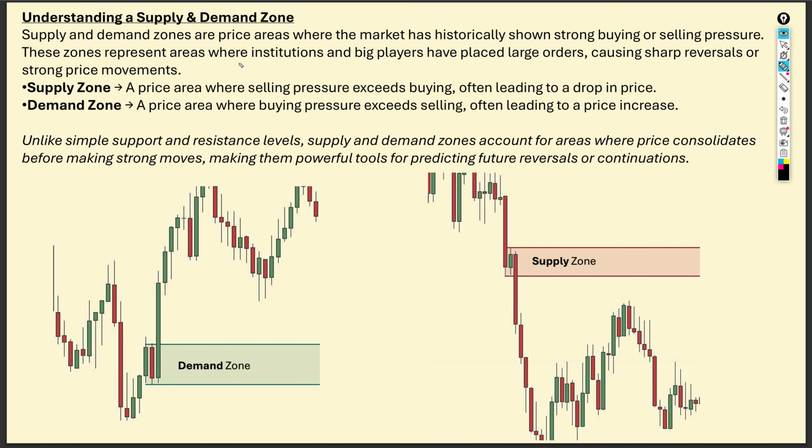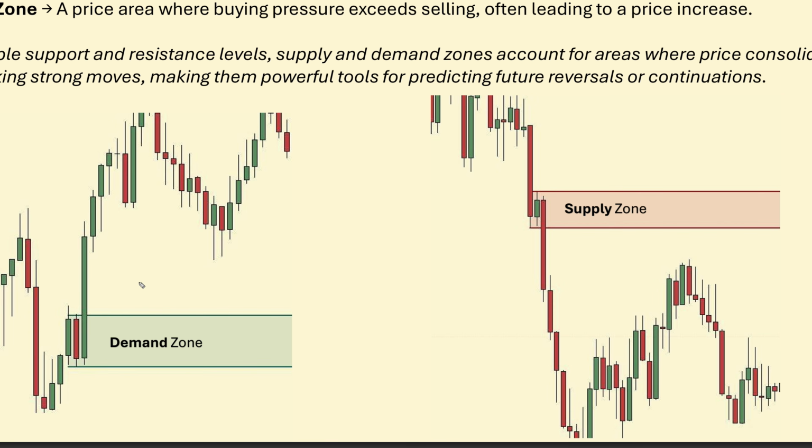These zones represent areas where institutions and big players have placed large orders, causing these sharp reversals and strong movements. If you just think about this logically, I wish I had a trading account that could move a Forex market that big when I buy or sell.